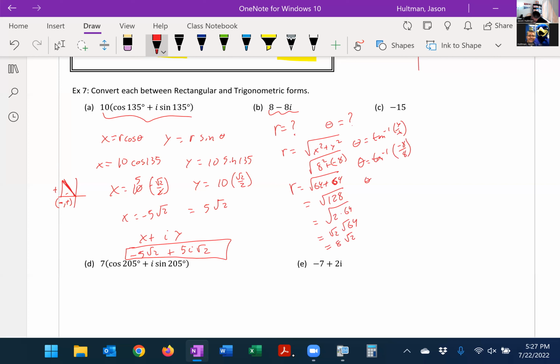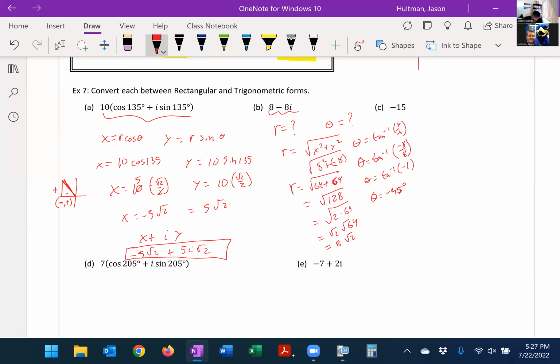So that's the inverse tangent of negative 1. What angle gives me the inverse tangent of negative 1? It's actually negative 45 degrees is what I would get if I plug that into a calculator.